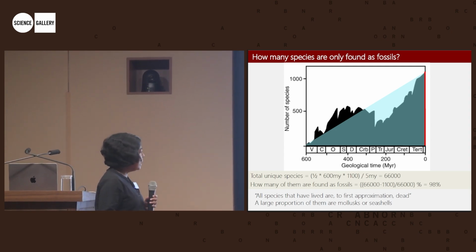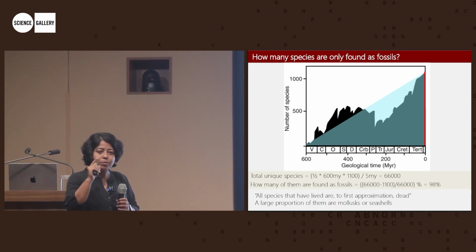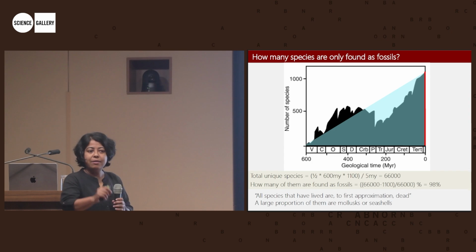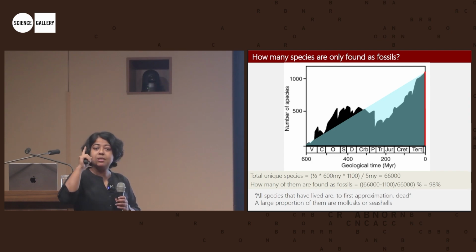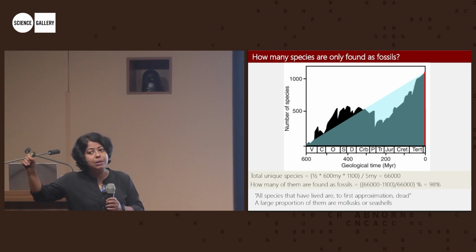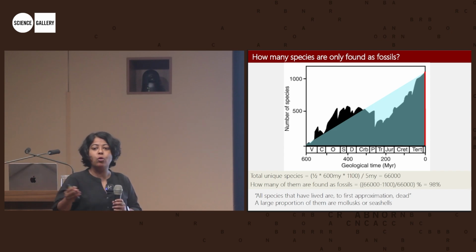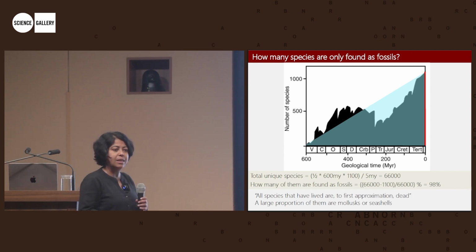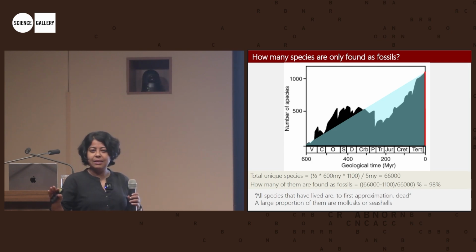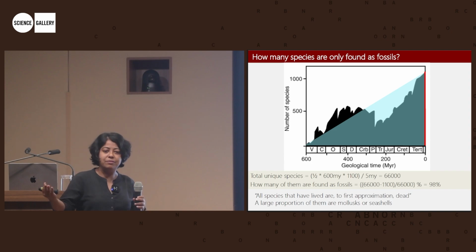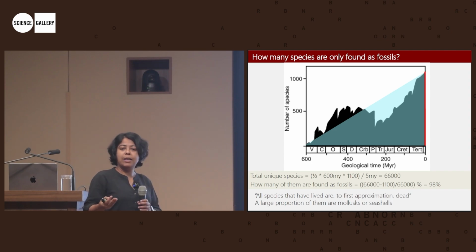Okay? But then we also say that this works very well if there is only one species counted once, but we have counted the same species multiple times. So we have to somehow normalize it, and one way of normalizing it is sort of divide it by the time a species generally lived. So the argument is somewhat like this.